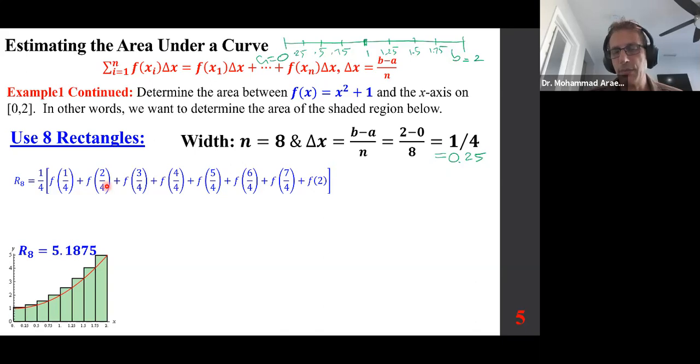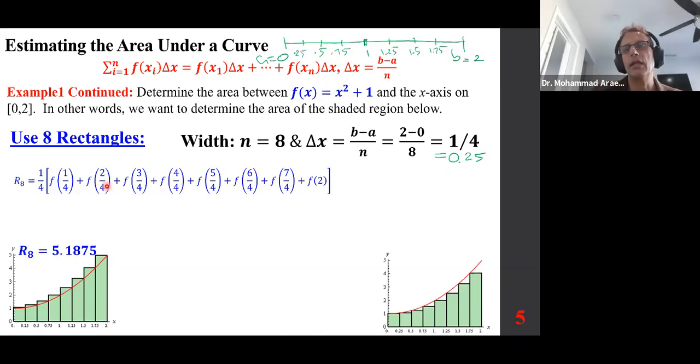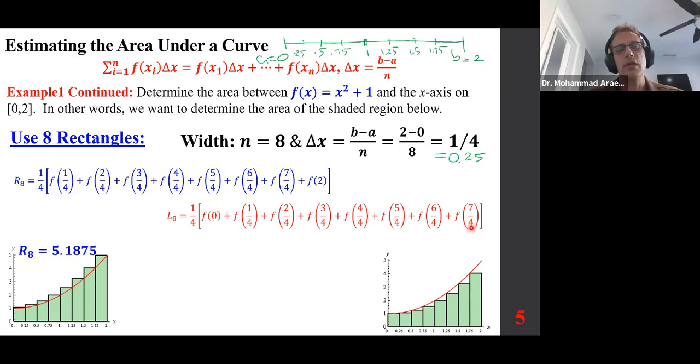We do exactly the same thing for the left endpoints. And remember, with the left endpoints, delta x, or the width, is fixed at 1/4 or 0.25, but the height changes. f of 0, all of these points are used except b. So f of 0, f of 0.25, all the way to f of 1.75 or 7/4. Again, I want to show you this.